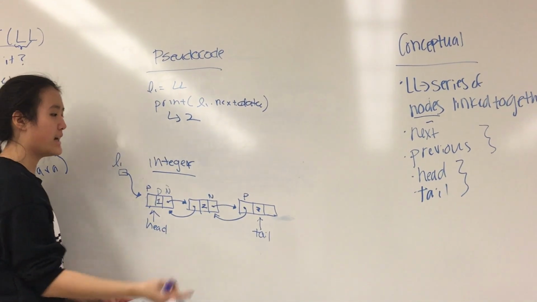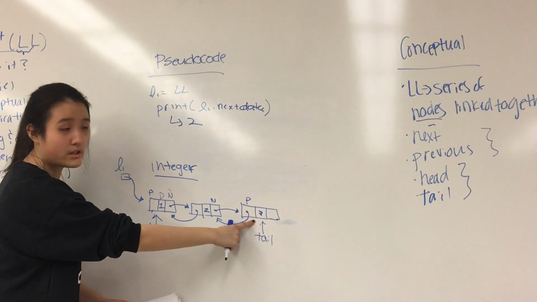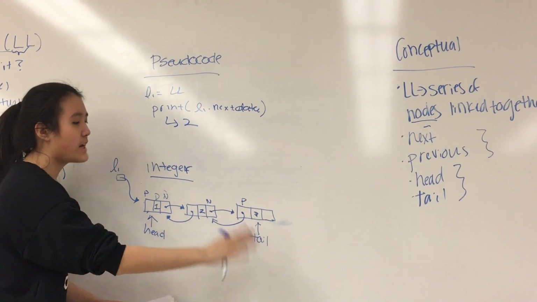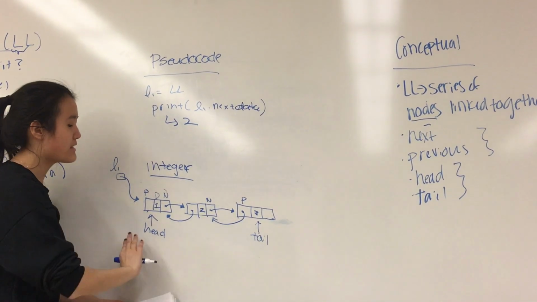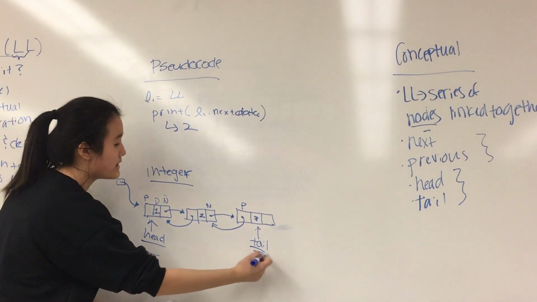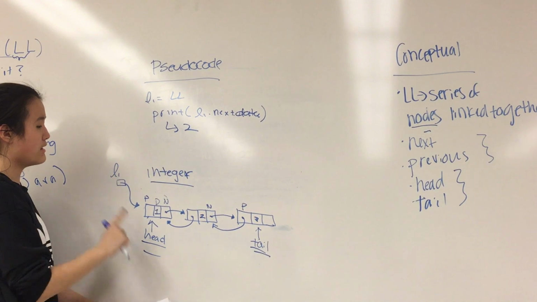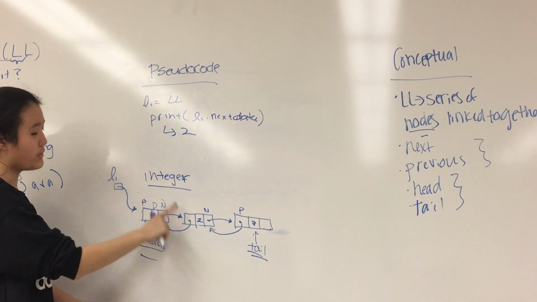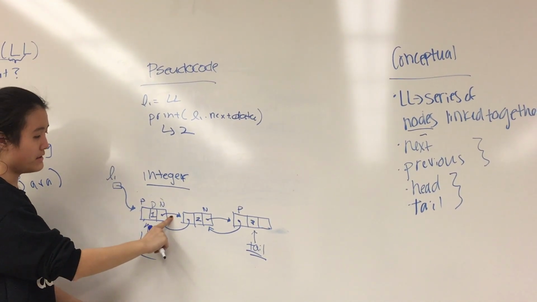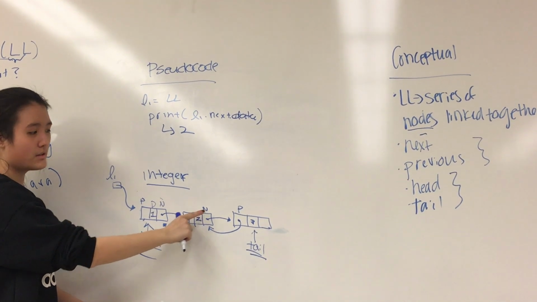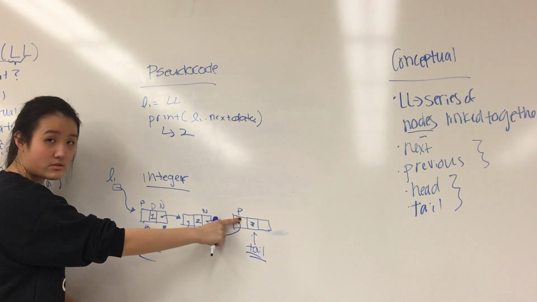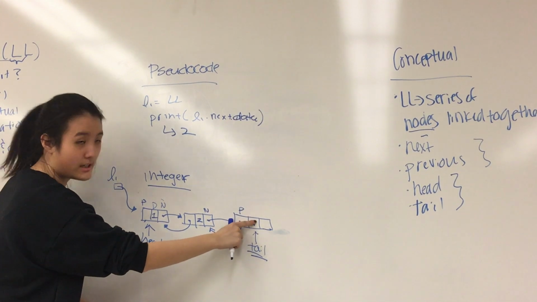Now if I wanted to get this node's data right here, and let's say I was not allowed to use tail. Let's say I don't have access to head or tail, and you only had access to L1. What you would do is L1, so we're pointing to this first one, dot next, dot next, dot data.